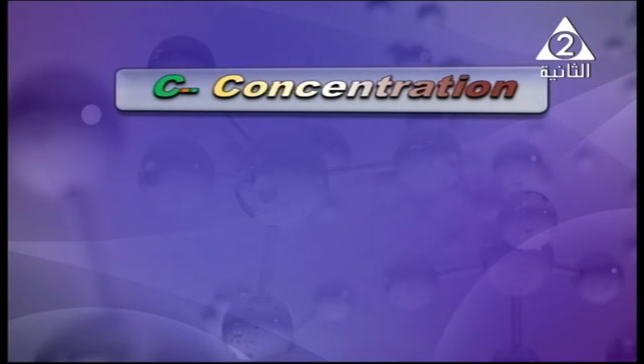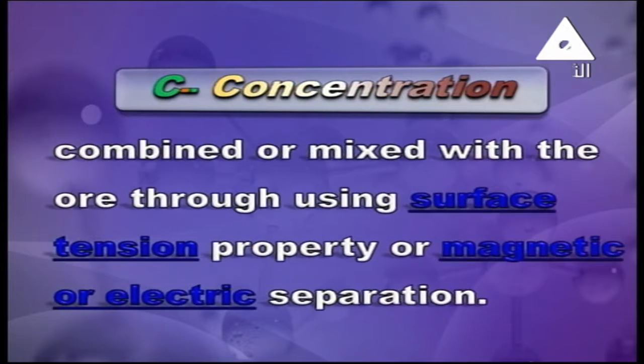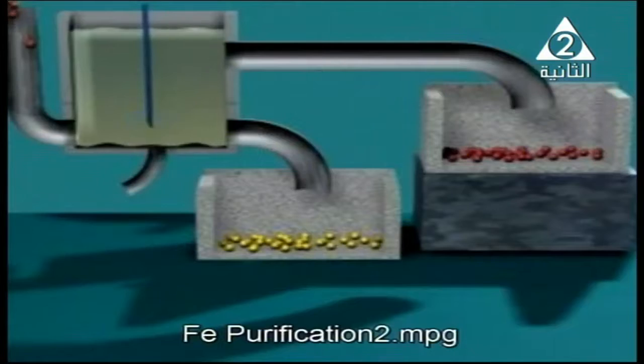The third process is concentration. It is increasing the percentage of iron in the ore by removing the unwanted impurities that are combined or mixed with the ore, using the surface tension property as the following animation shows.